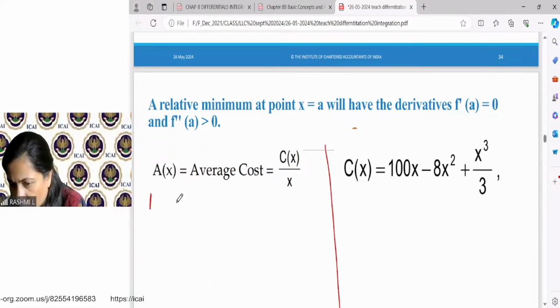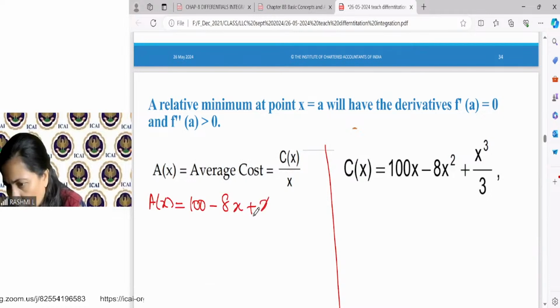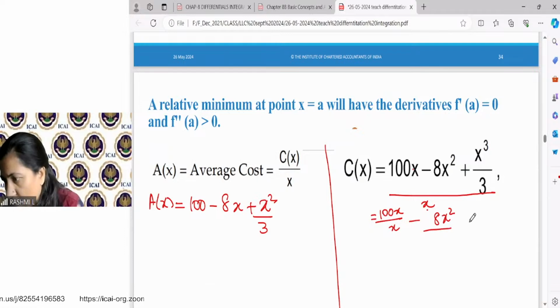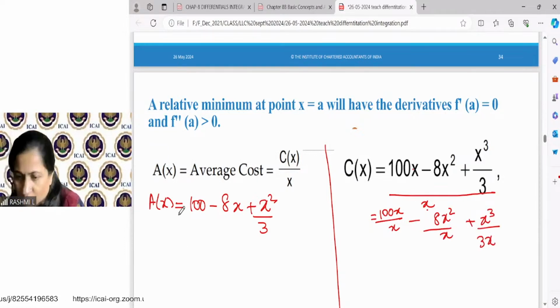So Ax will be equal to 100 minus 8x plus x square upon 3. I'm dividing by x, so this x and x will get cancelled. I will also write here 100x upon x minus 8x square upon x plus x cube upon 3x. So this will give me this.